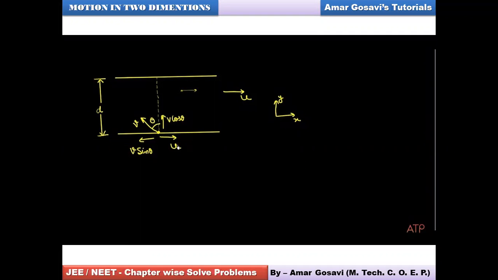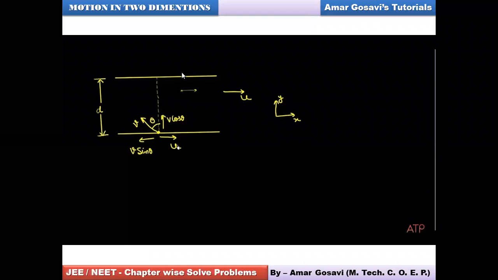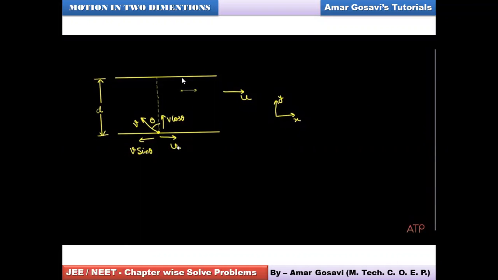In fact, the river will make him reach somewhere here. Now, for the person to reach the exact opposite point, he will have to start swimming inclined in this direction with some angle theta.